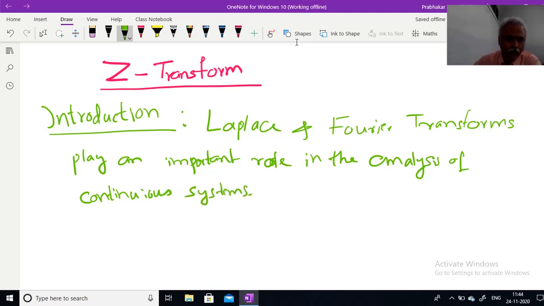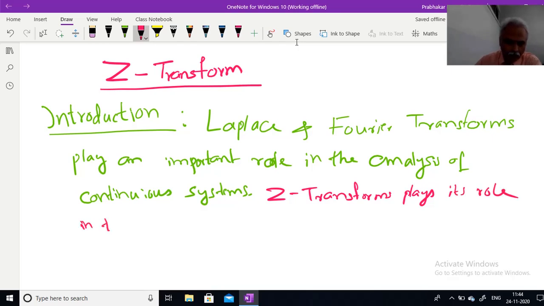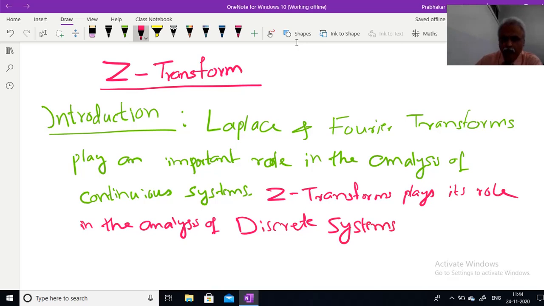Whereas Z transforms play their role in the analysis of discrete phenomena or discrete systems. Many names we can use. So this is a mathematical tool that we can use whenever we have some discrete phenomena.